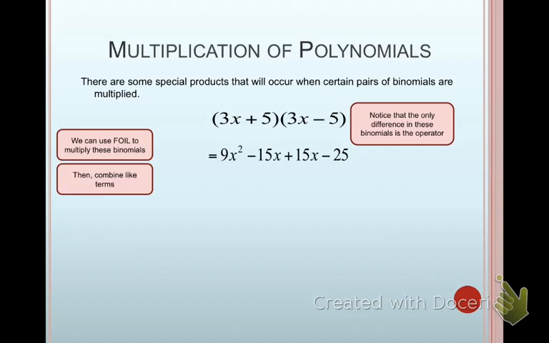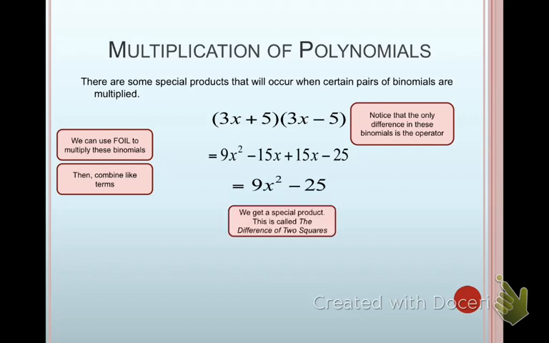Now, at that point, if we combined our like terms in the middle, that OI, we would find that negative 15x plus 15x is 0, and they would, quote-unquote, cancel out, and we would just be left with 9x squared minus 25.